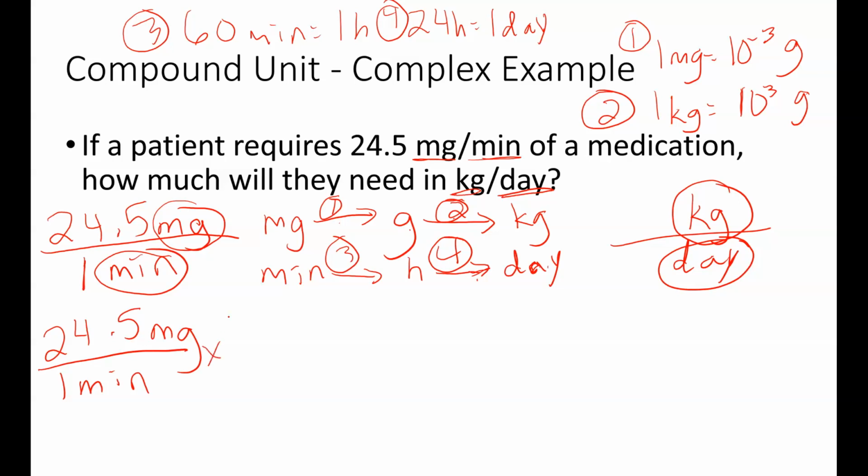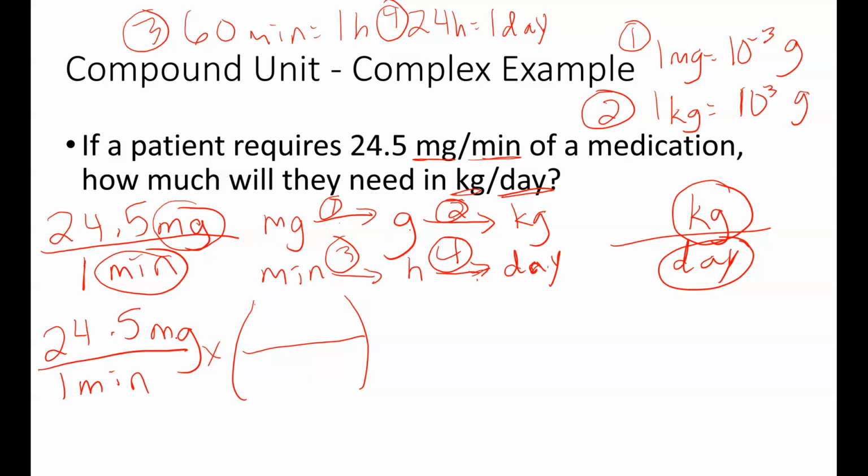So I'm going to do my first conversion, 24.5 milligrams per 1 minute. I'm going to multiply by a fraction. You're going to be doing a lot of this, so get used to this. Milligrams is on the top. We're going to want to get rid of milligrams and get to grams.